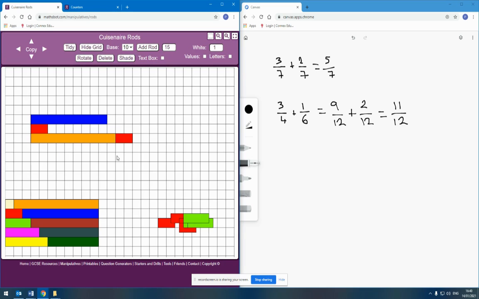Whereas working with Cuisenaire perhaps doesn't have that same limitation, because I can see the equivalence in something like 3/4 and 9/12ths through the representation. So this is my little video exploring addition and a little bit of subtraction of fractions.